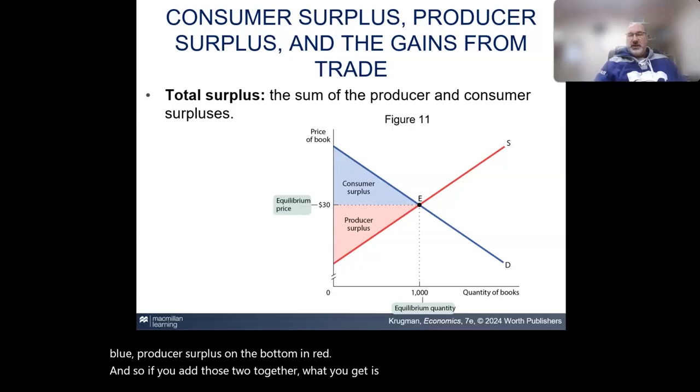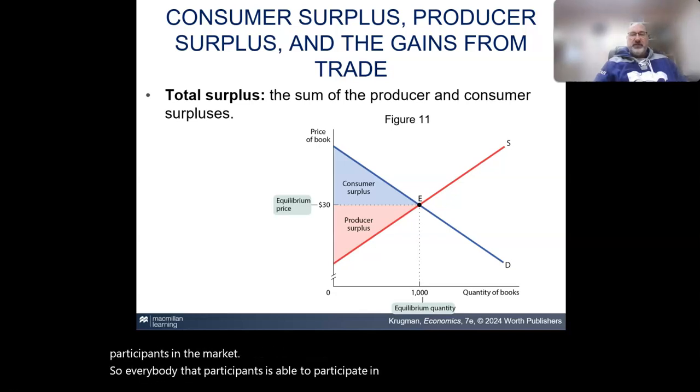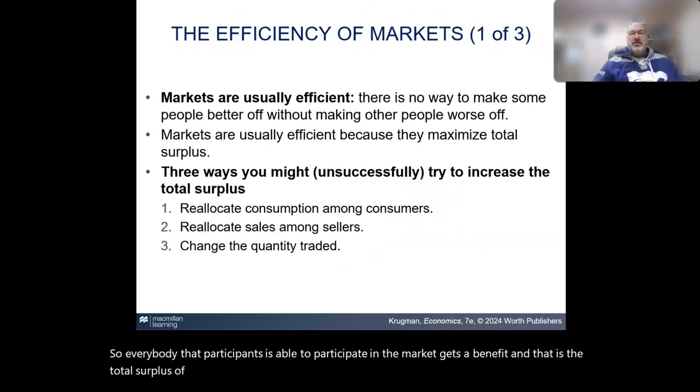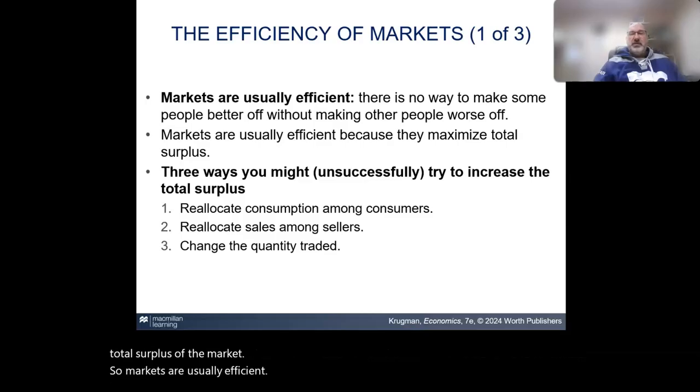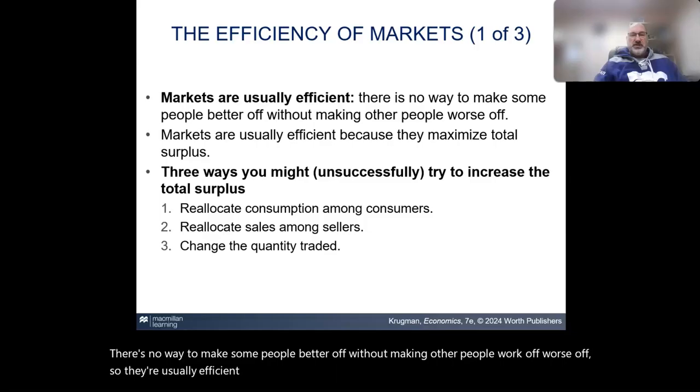This is the benefit to all participants in the market. So everybody that is able to participate in the market gets a benefit, and that is the total surplus of the market. So markets are usually efficient. There's no way to make some people better off without making other people worse off. So they're usually efficient because they maximize total surplus.